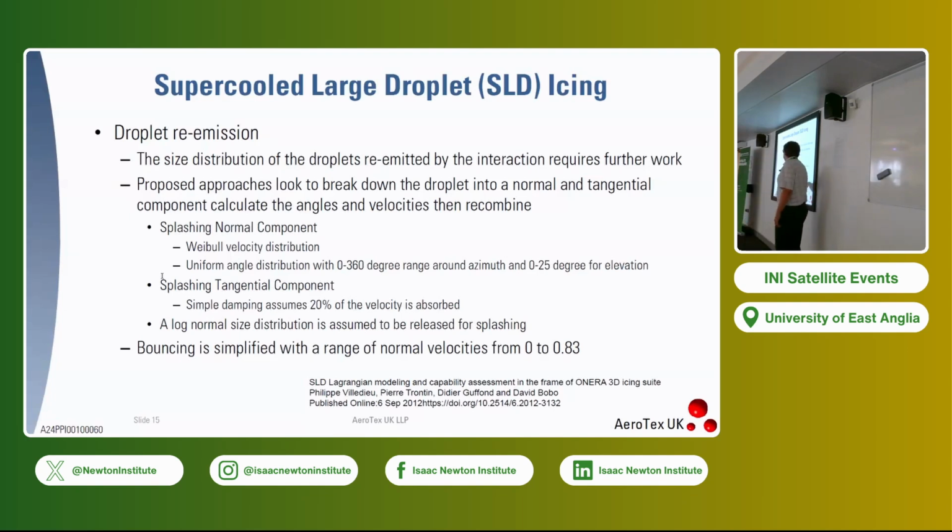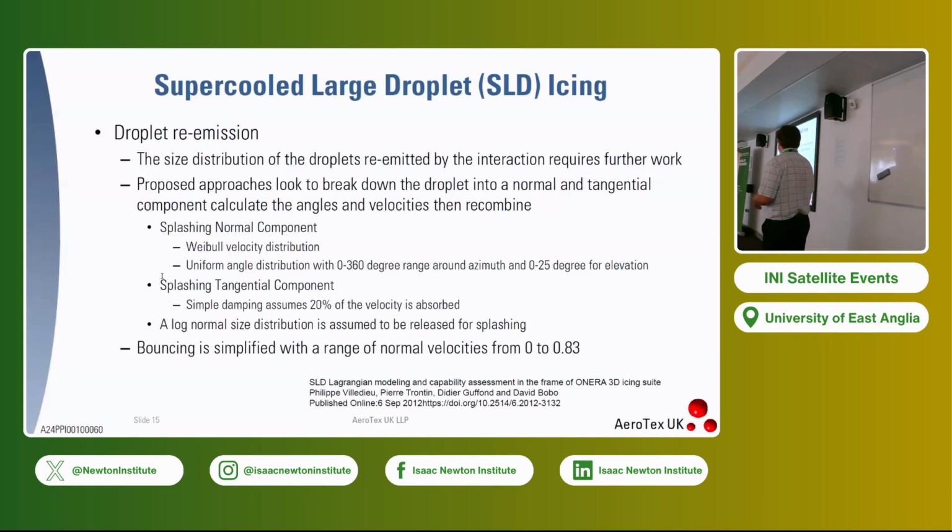So you've got the splashing, you get a radial distribution of the velocity, and the droplets can come out, as you get with the classic milk splash, anywhere in 360 degrees, but the angle that they come out at from the surface is between 0 and 25 degrees. Again, it's a lot based on empirical fits for this.